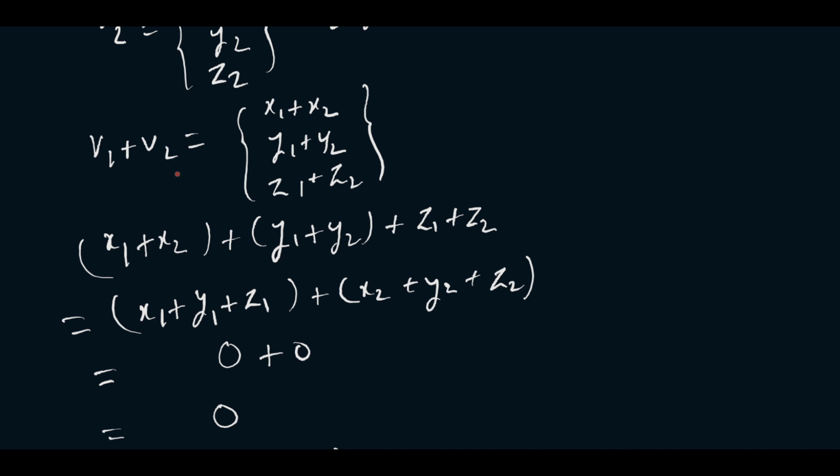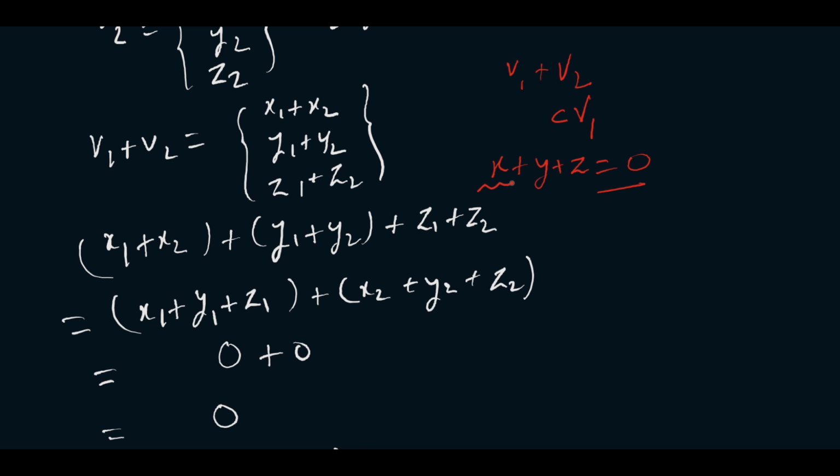Now the linear combination will involve two operations. The first one will be v1 plus v2 and the second one will be c times v1. So let us take v1 plus v2. v1 plus v2 will give (x1 plus x2, y1 plus y2, z1 plus z2). For this, the condition of the vector space is x plus y plus z is equal to 0.